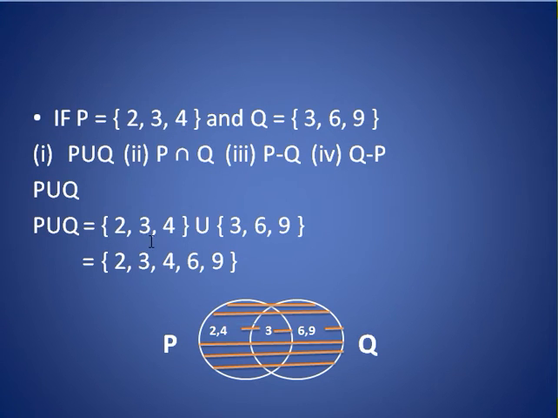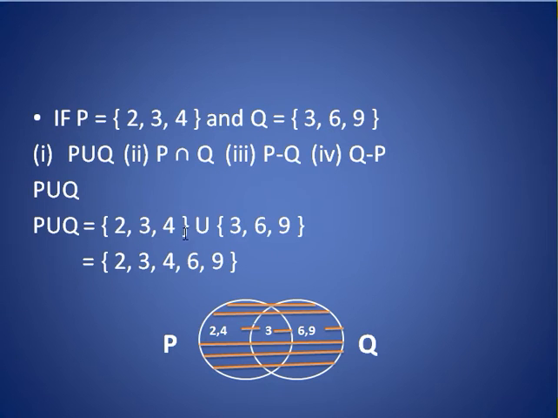Students, we can see here 3 is the common element between both sets, so these are overlapping sets, and in union first we have to combine both sets together. We write in sequence without repeating common elements. 2, 3 come in both sets, so we write once, then 4, then 6, and then 9.